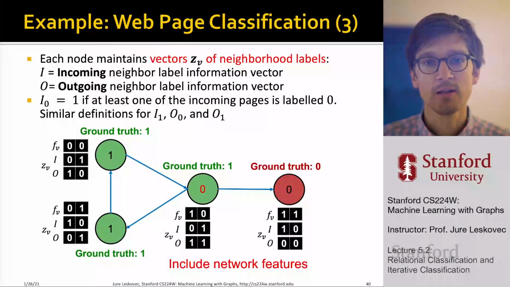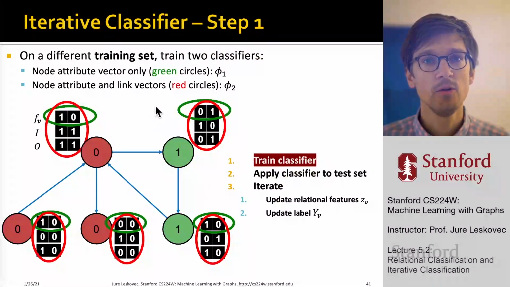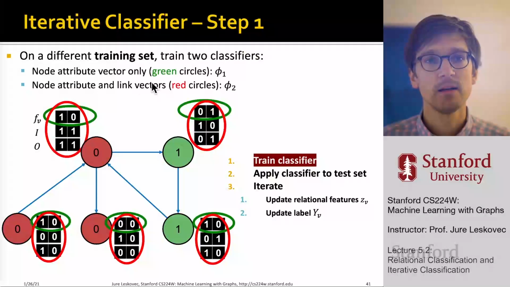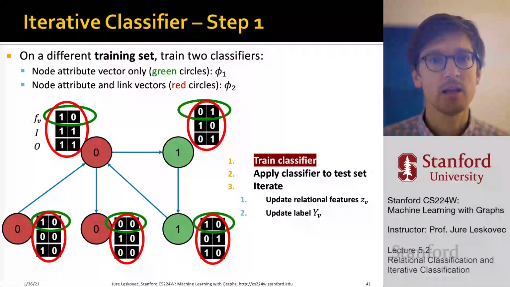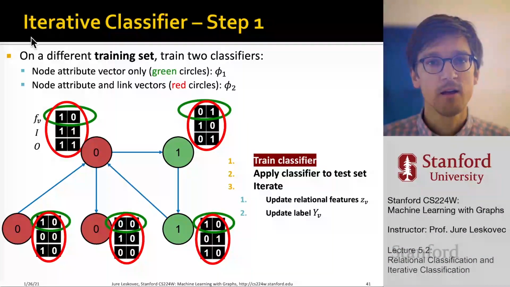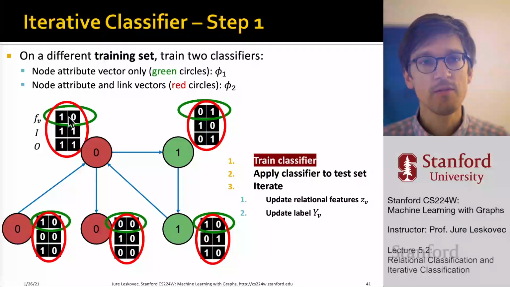So now that you have for every node both the vector f and the vector z, you now train the second classifier. And again, you only train it on the labeled training set. And this classifier you train in such a way that it uses both the information in f as well as the information in z.